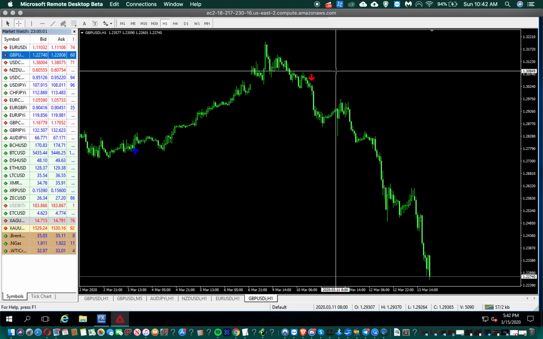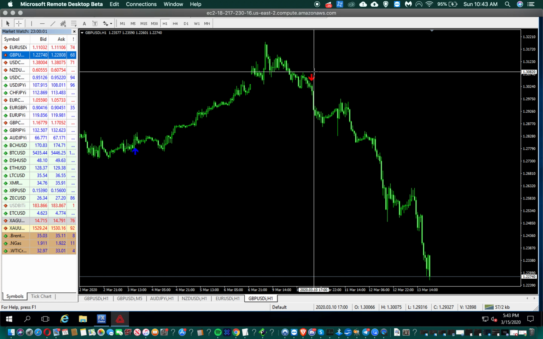So people ask me, where do I put the stop loss? I say, well, it depends on your risk factor. I like to say around 60 pips. Put your stop loss at that, or you can put it right behind the bottom of the arrow.